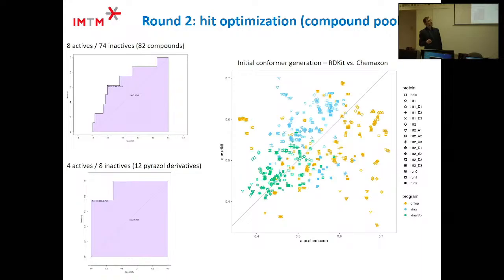And what we discovered, it was quite surprising for me, that Gnina works better if we supply starting geometry obtained from Chemaxon, and Vina works better if we supply starting geometry from RDKit. I don't have a clear explanation, this is just an observation. So just to know that even your starting conformation may affect your output for particular programs. So it's also quite difficult to predict which one will be better.